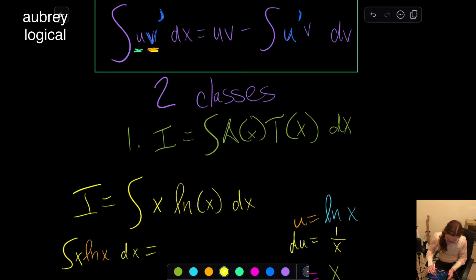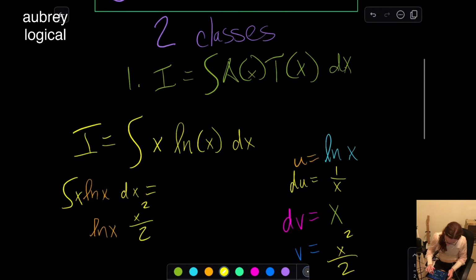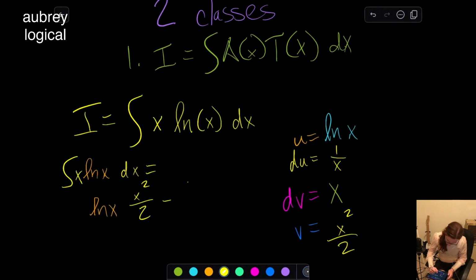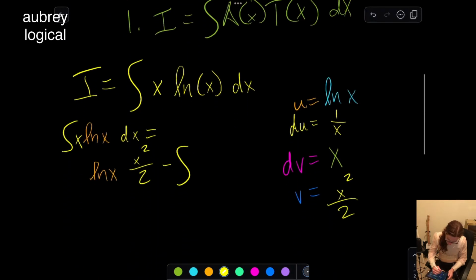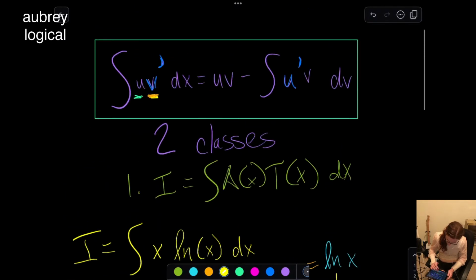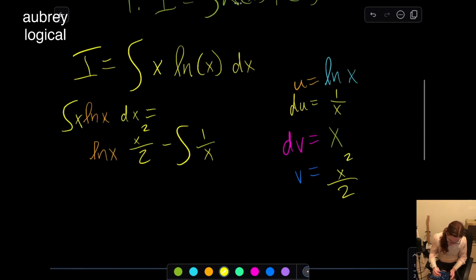So now we're going to have u times v, minus the antiderivative of the derivative of u times v dv.